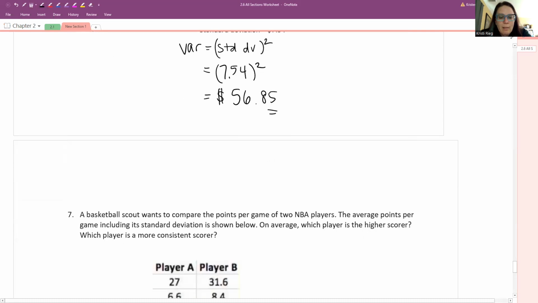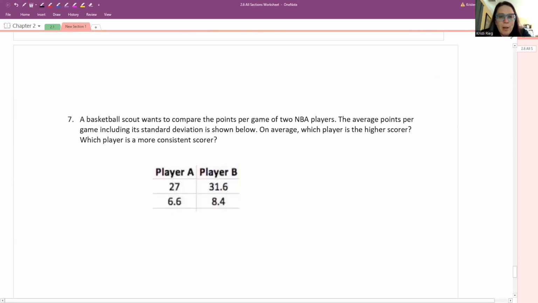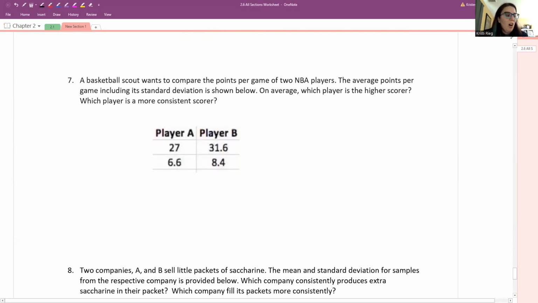Okay, last but not least, just some problems pertaining to the concept of standard deviation. So we are no longer computing it, we're just talking about the idea of it. So this first one is talking about basketball and comparing points per game of two different NBA players. The average points per game, including a standard deviation, is shown below.